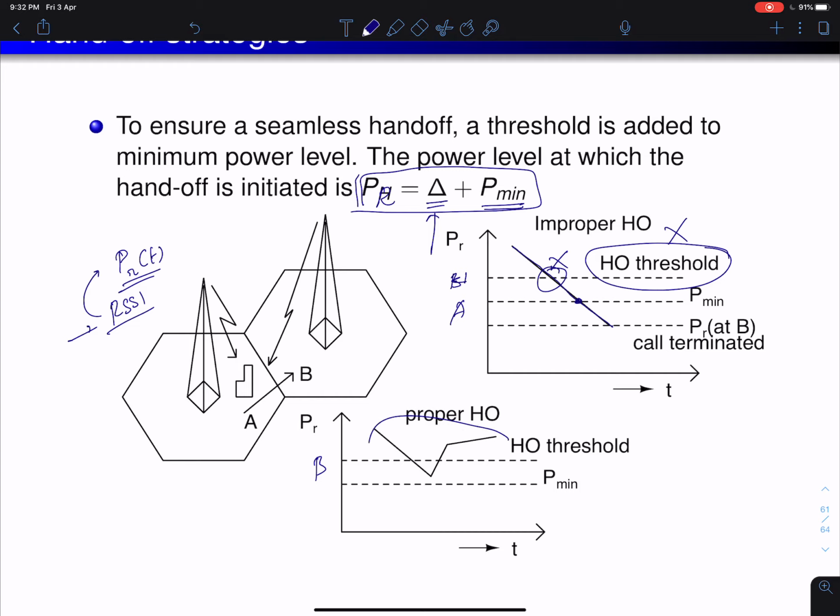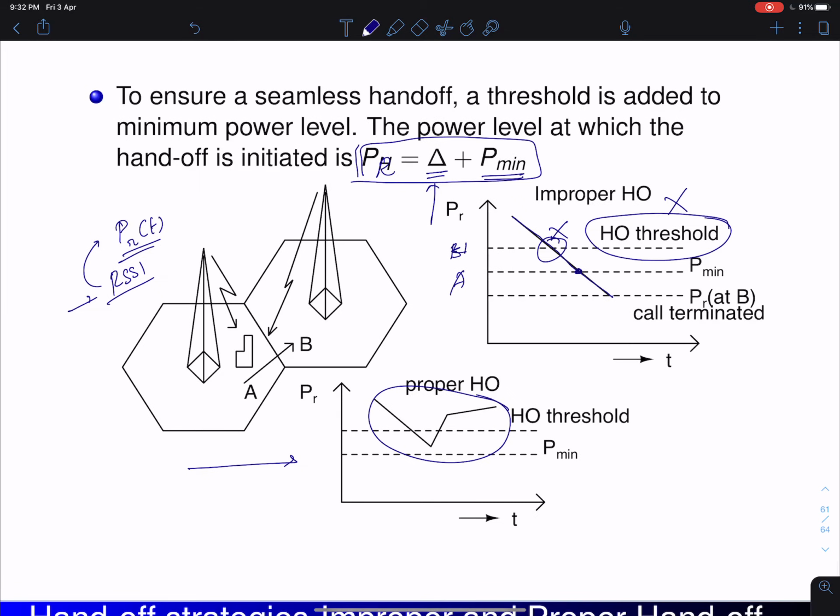The second one here shows the received signal strength. This is the received signal strength of the mobile phone. I'm sorry, I just told the received signal measured at the base station. So this graph just shows the received signal strength by the mobile phone as a function of time. What happens is that the received signal strength obviously keeps reducing because you're moving away from the base station. But at this point, handoff has already happened.